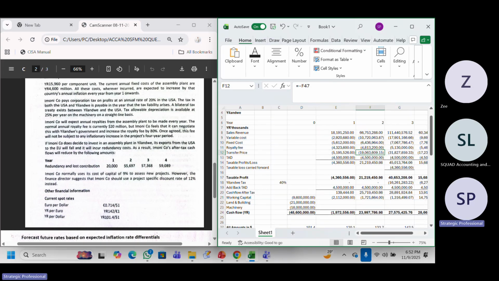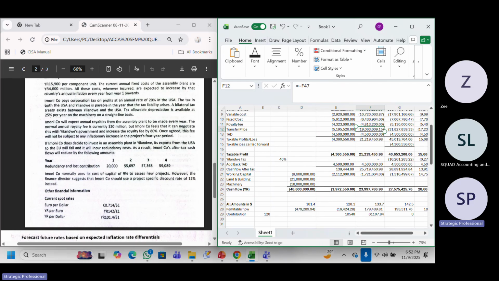It means that every inflation rate that we did was done based on only cost. They said all these costs in Ilandwe's books are growing by inflation, but in the base country where they are getting that revenue, they did not tell us that revenue is growing by inflation rate. Do you understand?